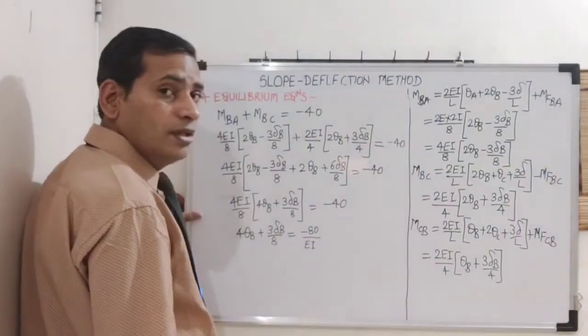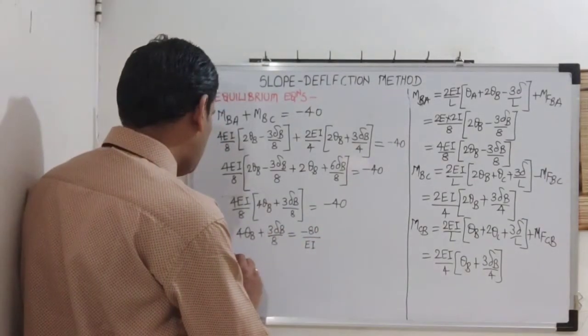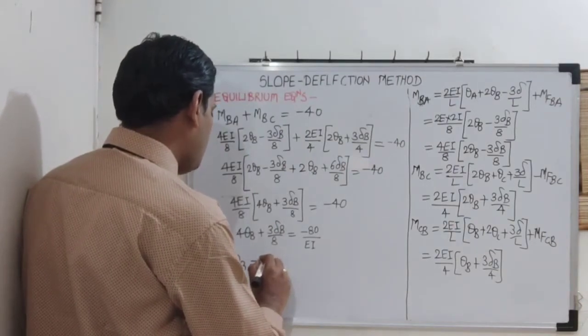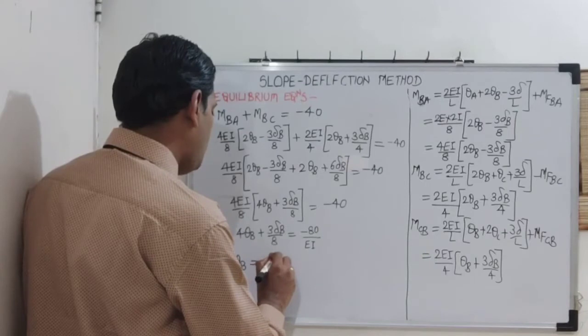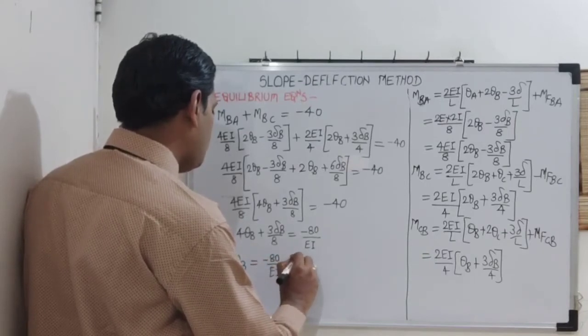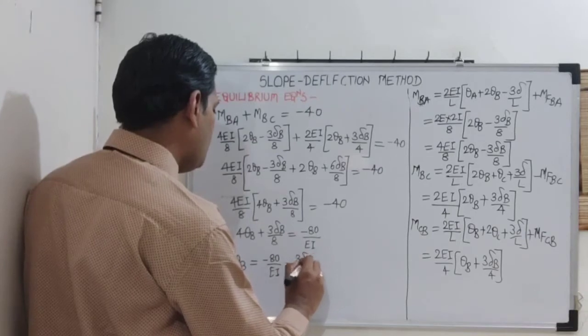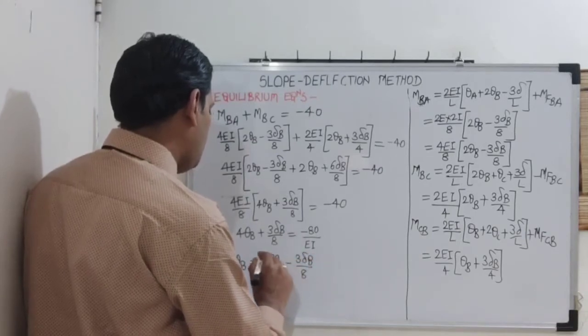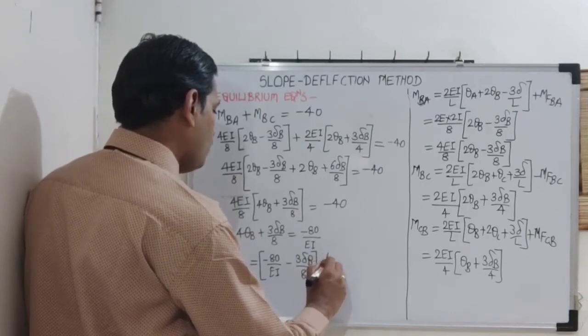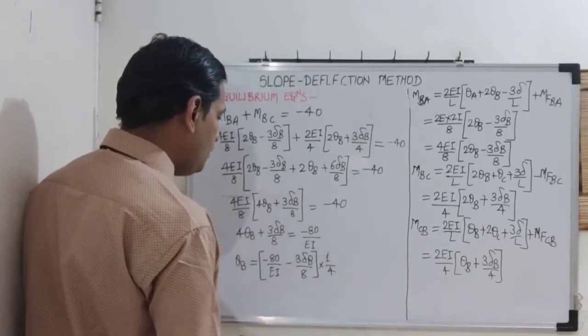So what will be theta B? It is minus 80 upon EI minus 3 delta B upon 8 into bracket, outside the bracket it will be 1 by 4.